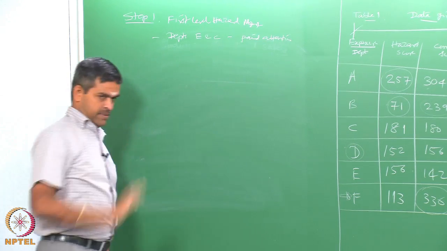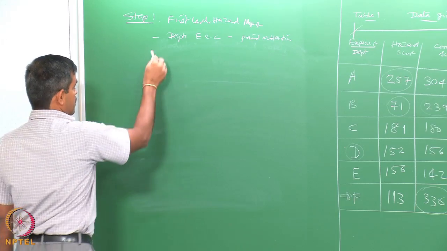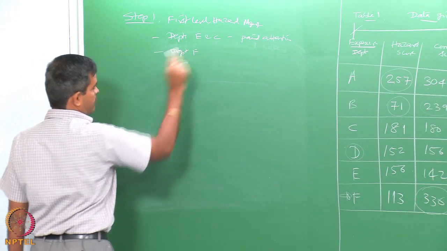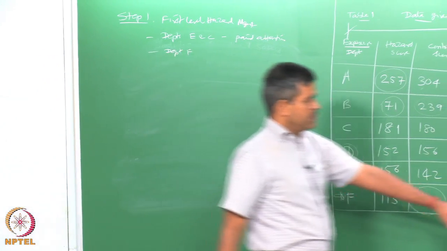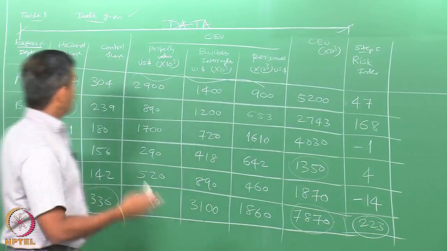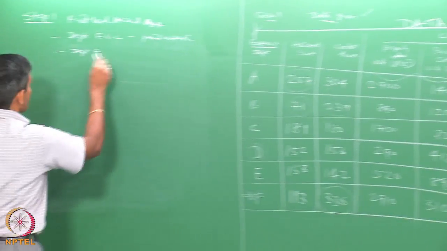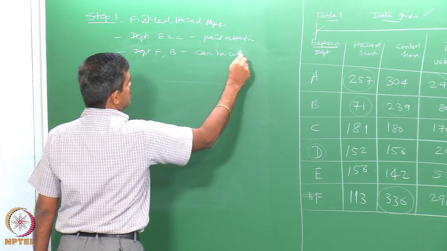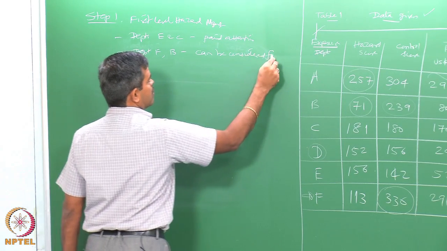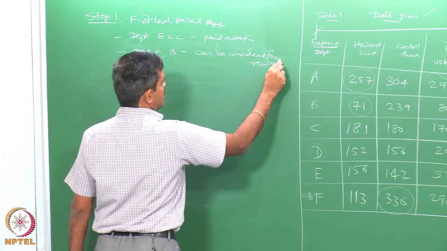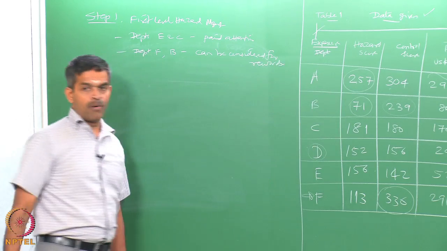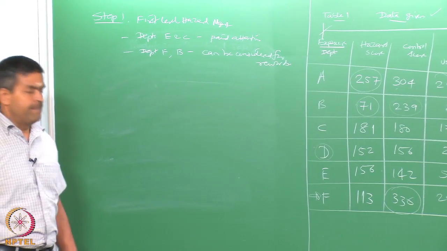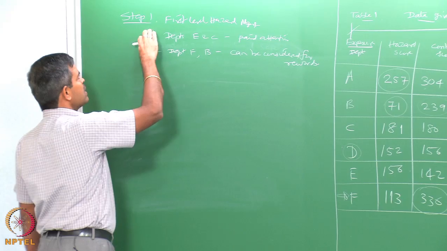Let us put a mark like this here. Department F, which is the highest, and department B can be considered for rewards, because the risk index is positive, it means the control scores are far higher. This is the first information we have from step number 1.